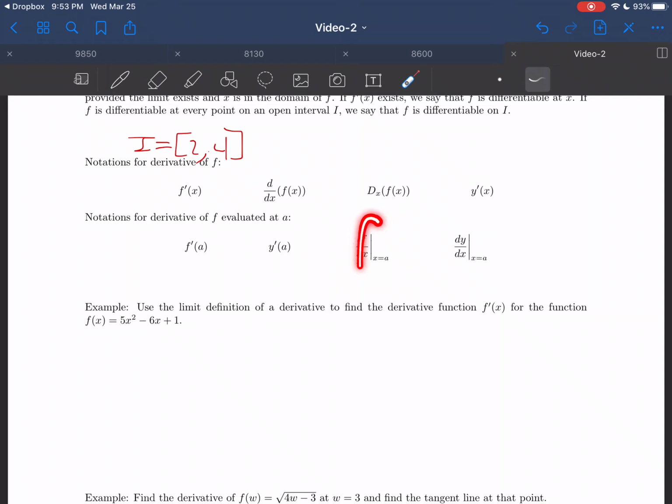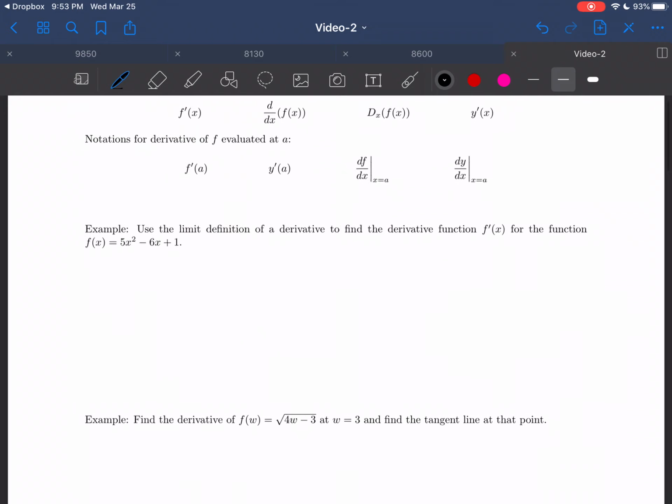This little line here means evaluated, and the x equals a at the bottom of the line tells us what x equals. Similarly, we can have dy dx with the same line that means evaluating, still at a.